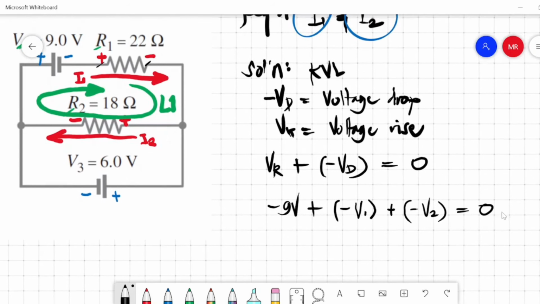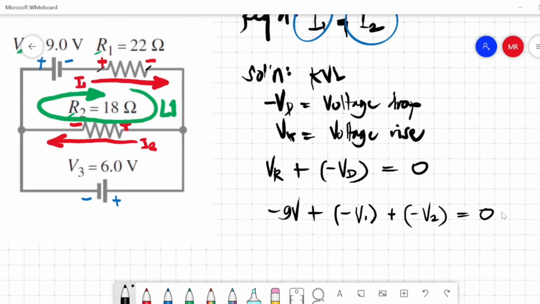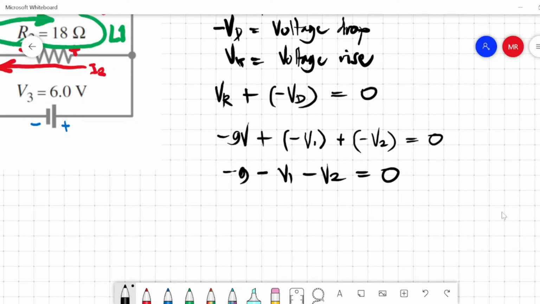So let us first disregard the units, because we're all dealing with volts in this problem. So this will become negative 9 minus V1 minus V2 equals 0. But we all know that voltage is the product of current and resistance from Ohm's law, V is equal to IR. So this will become negative 9 minus I1 R1 minus I2 R2 equals 0.